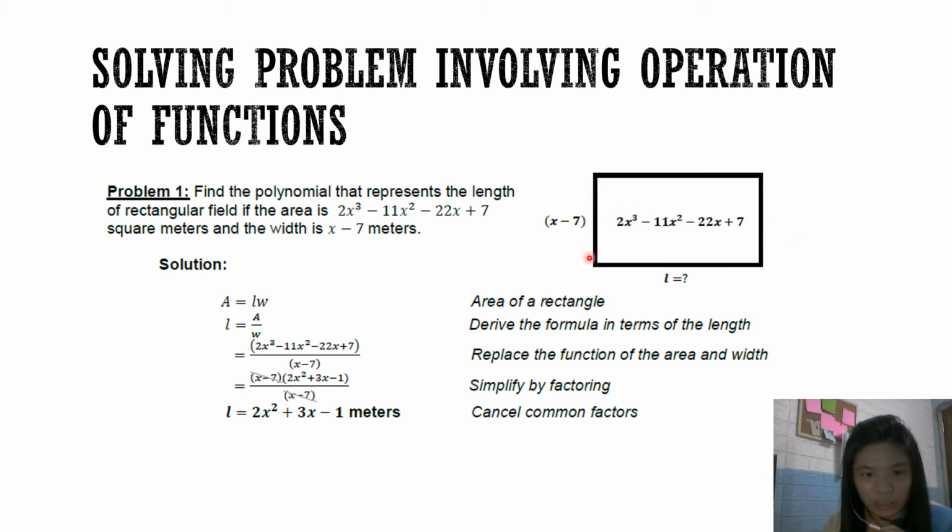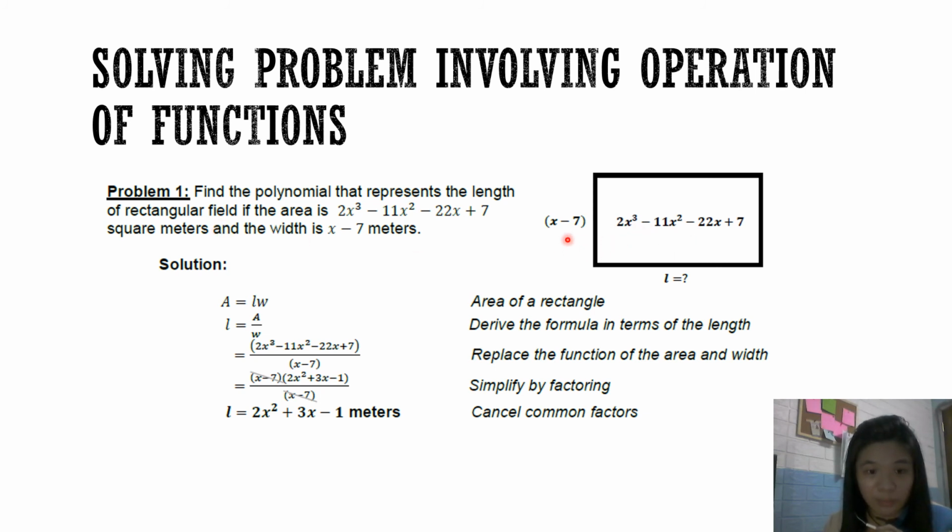So, we draw a rectangular field with an area daw. Yung area daw nito is 2x cubed minus 11x squared minus 22x plus 7. So, yung width naman niya is x minus 7 meters. Tinatanong dito is yung length niya.